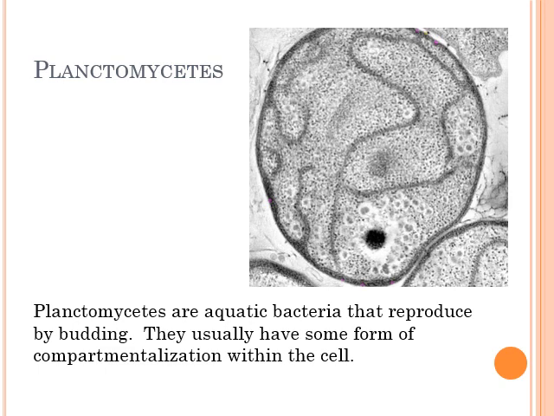Planktomycetes. These are aquatic bacteria. Aquatic, of course, meaning they live in the water. And they reproduce by budding. So not through mitosis like you would expect, but a little piece of it buds off and goes off on its own. Typically, they have some form of compartmentalization. And the way they compartmentalize is through what's known as invagination of the membrane.